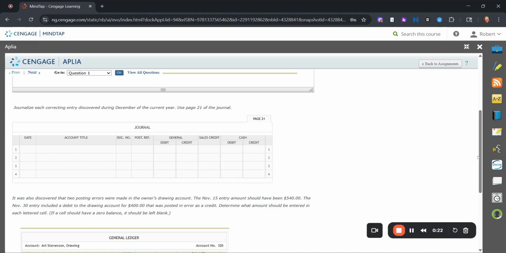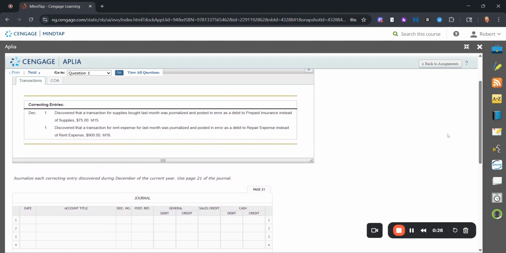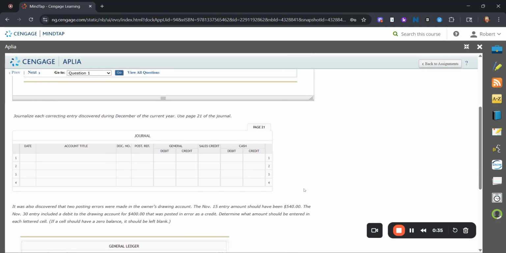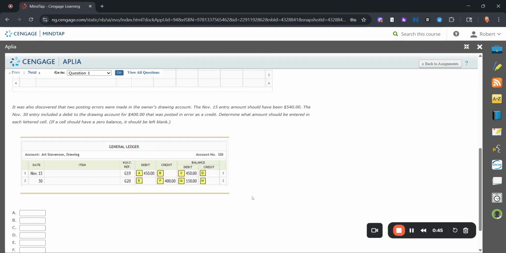In this one, we're going to correct some mistakes that were discovered in previous journals. And then we're going to fix some mistakes in a ledger. We're going to identify some mistakes and list the correct changes in this bottom section.